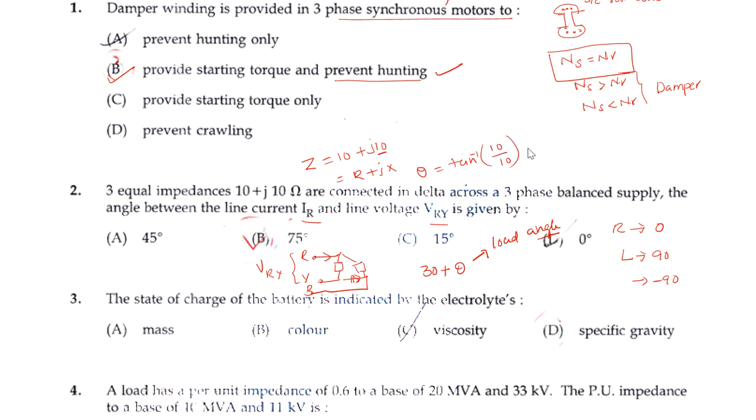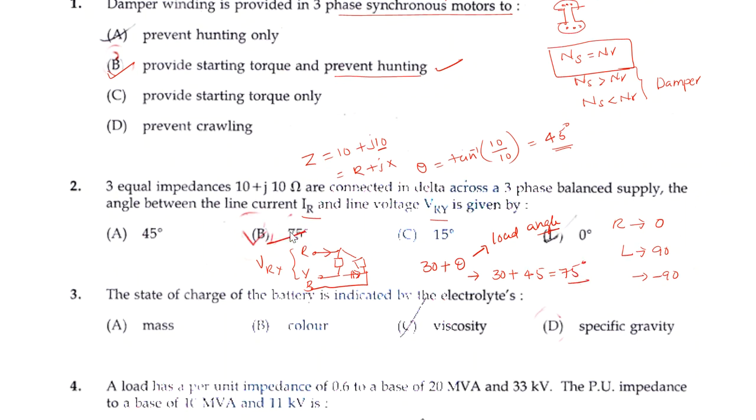So tan inverse of 1, and theta will be 45 degrees. What is the total angle here? It is 30 degrees plus the load angle of 45 degrees, so it will be equivalent to 75 degrees. So the answer will be B here.